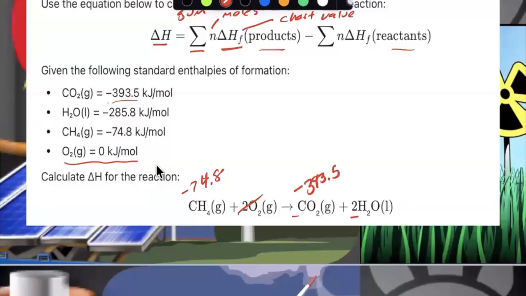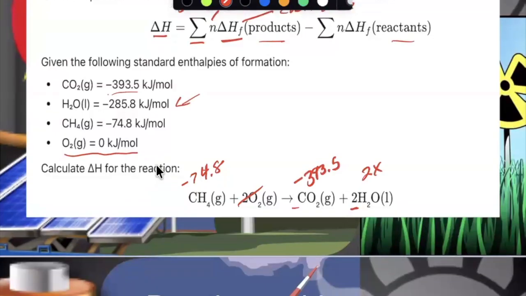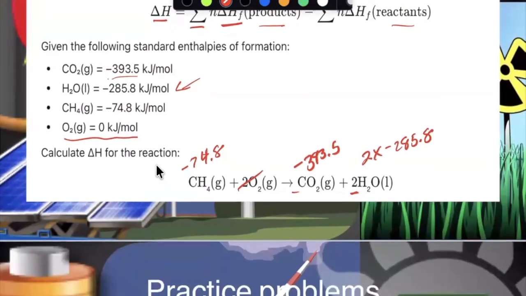And here I have 2 moles of water, so 2 times water, which is negative 285.8.